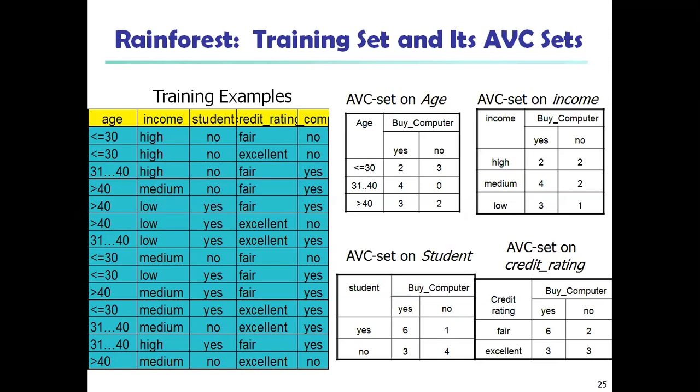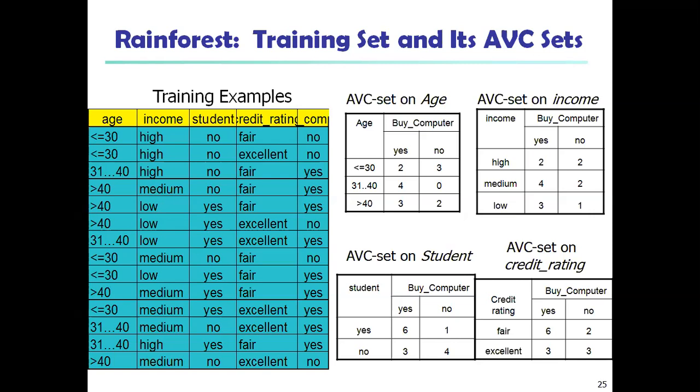For fair, 6 people buy the computer and 2 people do not. And next is excellent, 3 people buy the computer, 3 people do not. This is the rainforest training set AVC.